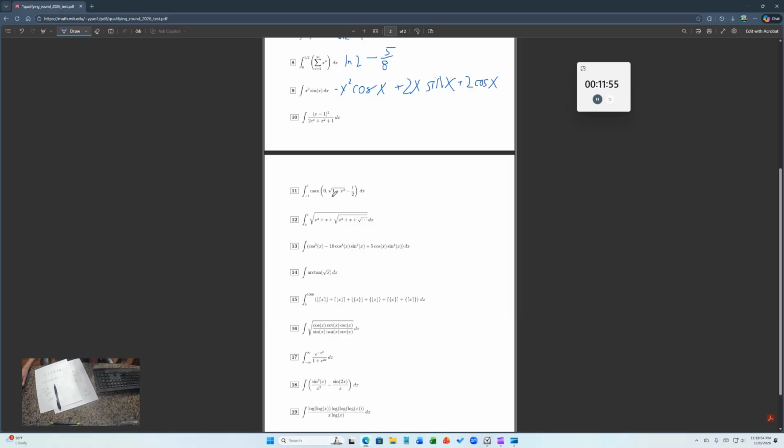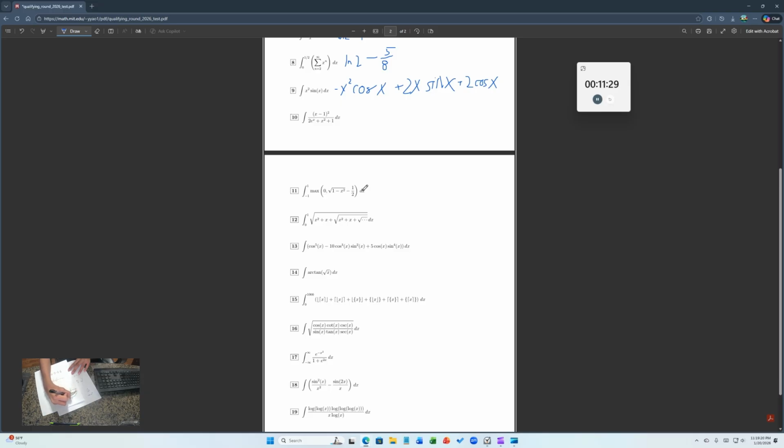So number 11, this one is just a circle. Because when you graph it, you have a circle, but then you have to subtract 1/2 from the circle. So suppose that's that, then you have something like that. So you're just trying to find the area of this region here.